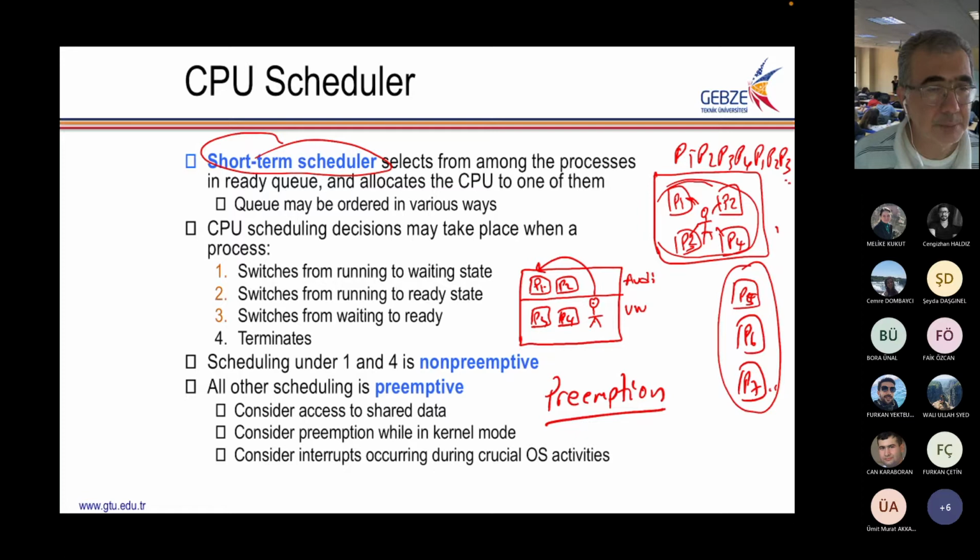Preemption means going to the person and pulling him from working. So he does not stop working by himself. We tell them to stop and move. That is what we call preemption.